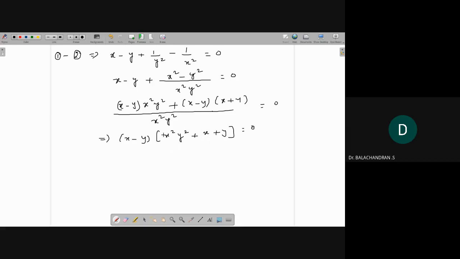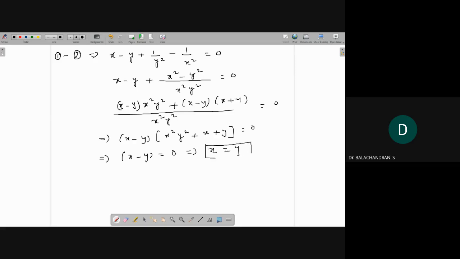So that's why I leave this expression. Don't consider this equal to 0. So I can only take x minus y equal to 0. First you should write x minus y equal to 0, and then you can write x is equal to y.